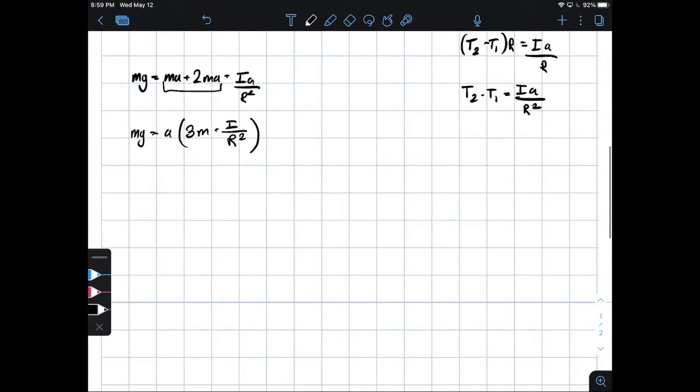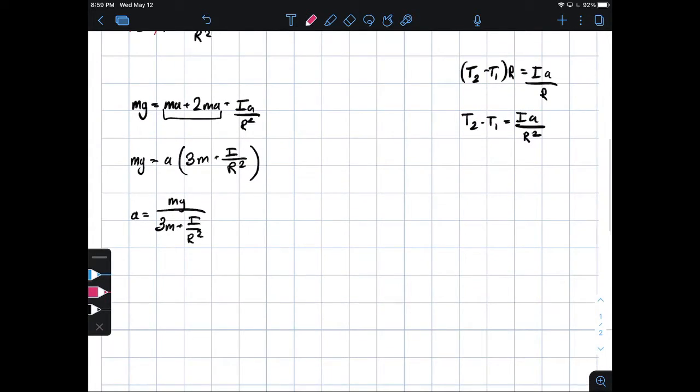Now that's valid, and then we can say that the acceleration is equal to mg over 3m plus I over r squared. I is our moment of inertia, r is our radius, and m is our mass. And that's it. That is our equation.